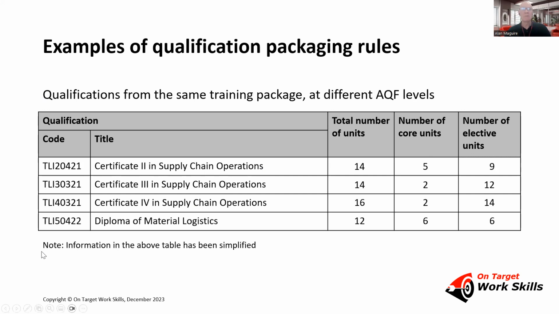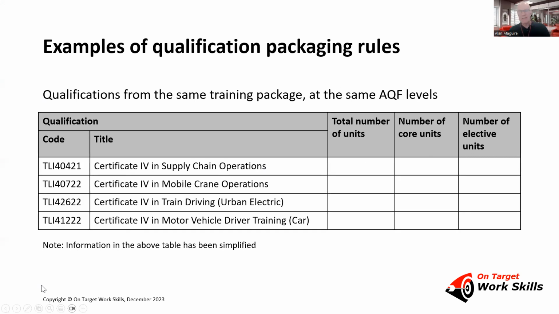Now, I'm going to move to another table. This table is, again, qualifications from the same training package. So this is the Transport and Logistics training package that I'm using as an example. This time, these are 4 qualifications at the same qualification level. So these are all 4 Certificate 4s.